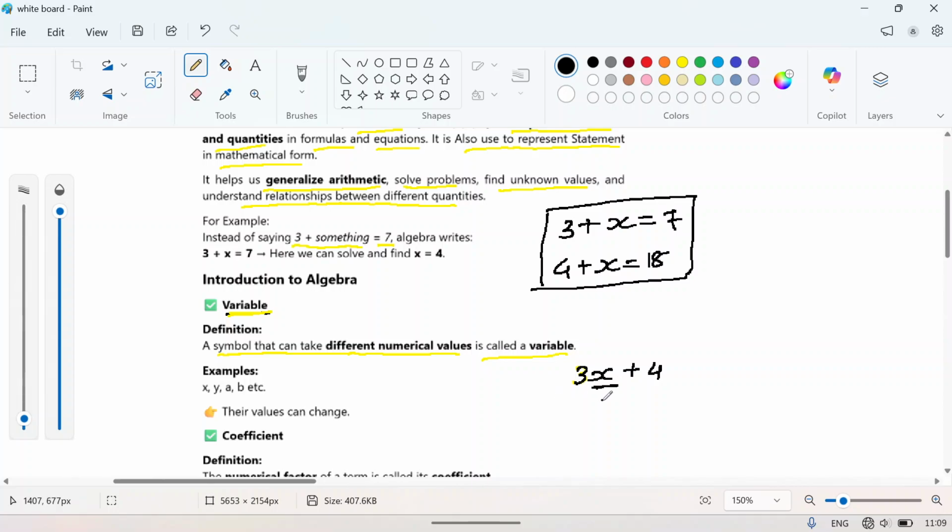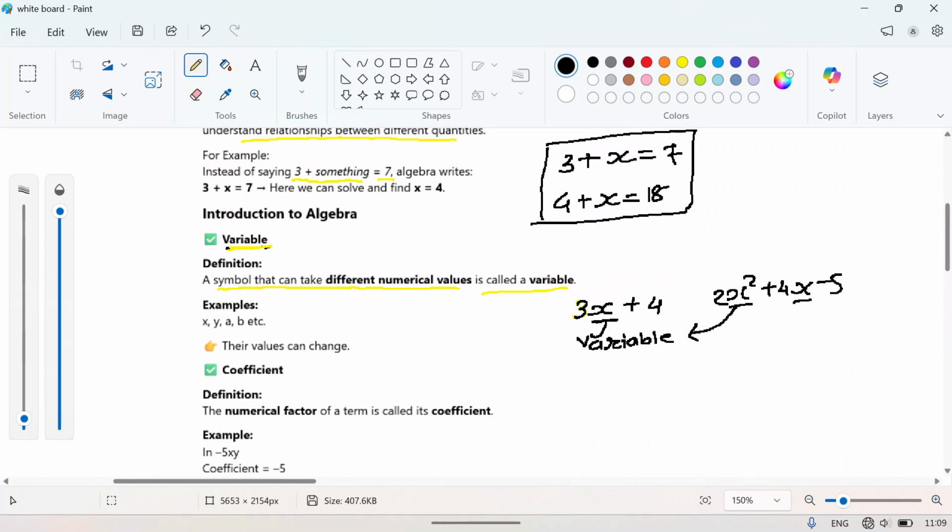Here x can take any numerical value, so x is the variable. Also take another example, 2x squared plus 4x minus 5. Here x can take any numerical value, so x is the variable. So the alphabet which can take any numerical value in the algebraic expression is called a variable. The value of a variable can be changed.